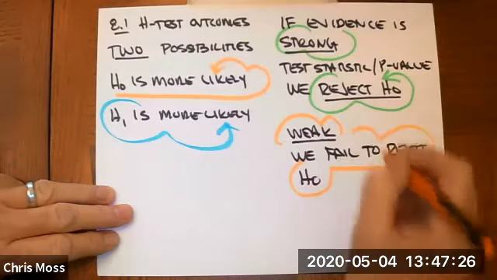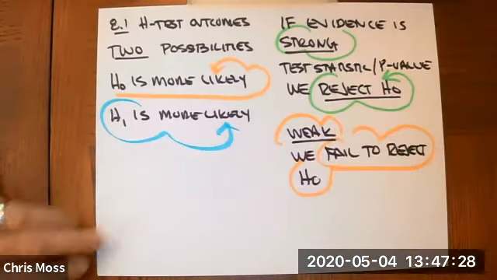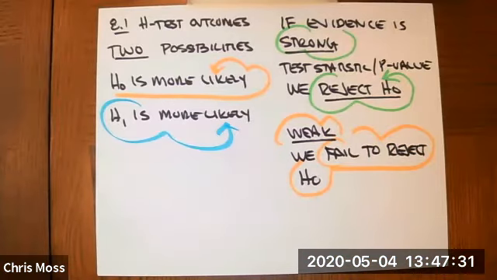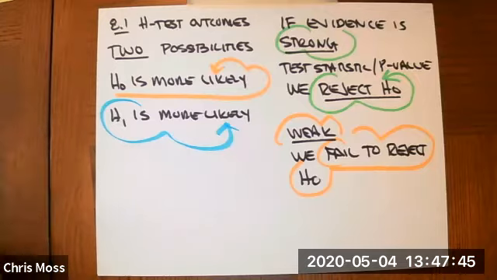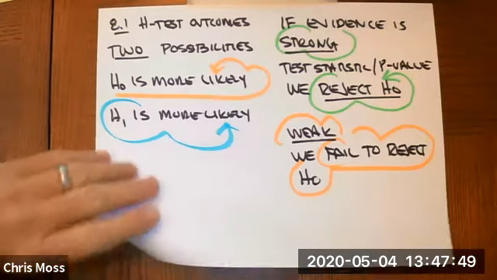We're just saying there's not enough evidence to reject it. It's a completely different kettle of fish. And it's very similar to what happens in a court case. A court case comes back with a verdict of either guilty or not guilty. They never come back with a verdict of innocent. They only say if the evidence rose to a level high enough to come back with a level of guilty.